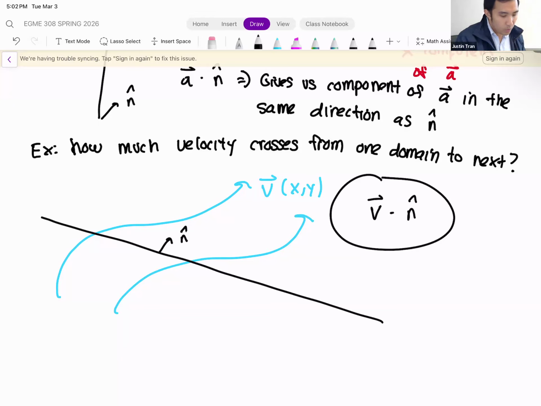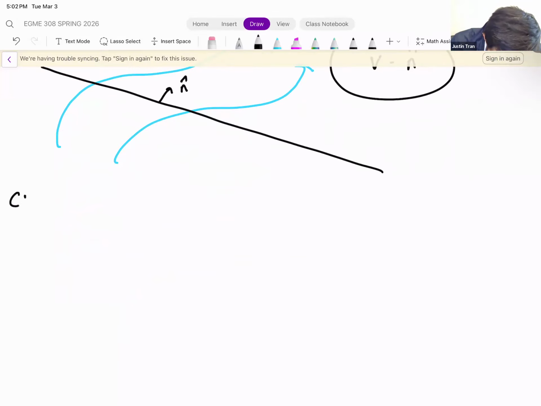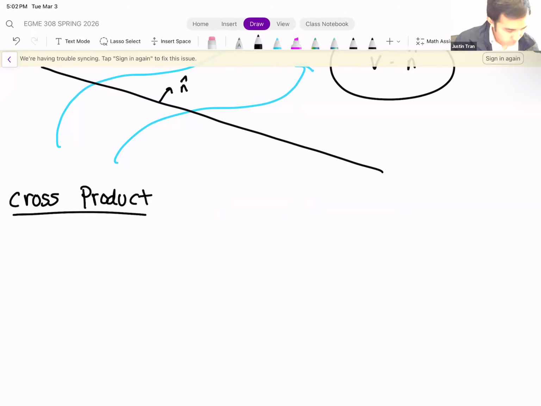Okay. The last thing I wanted to review today, the last of the basic vector operations, is the cross product. We're going to use it pretty soon; it'll probably come up in the next lecture when we talk about the curl.